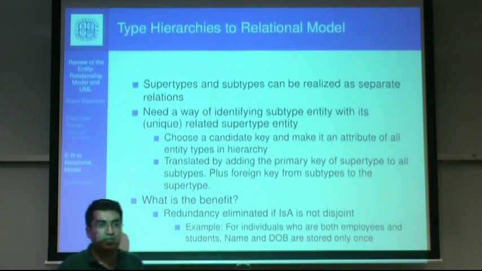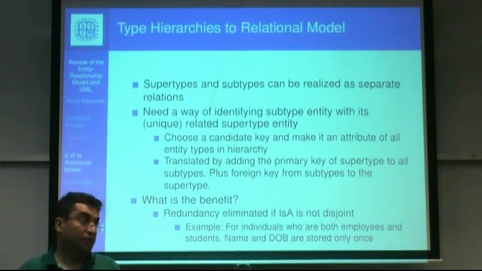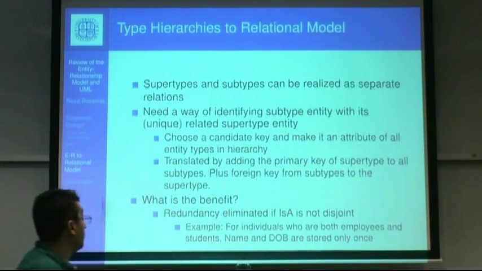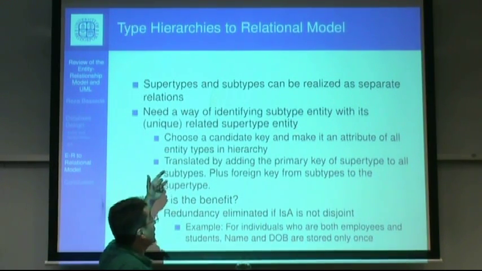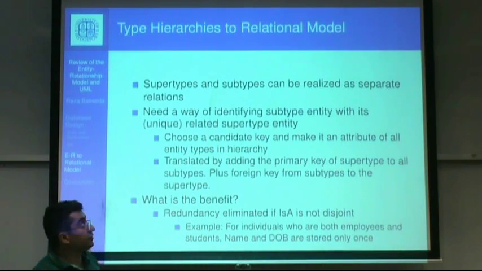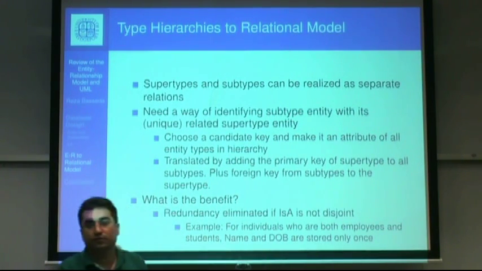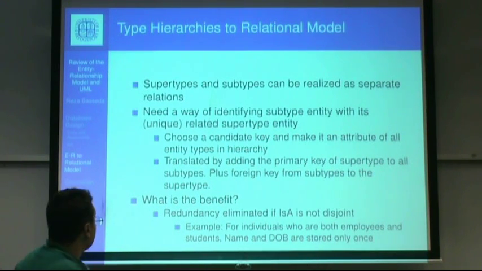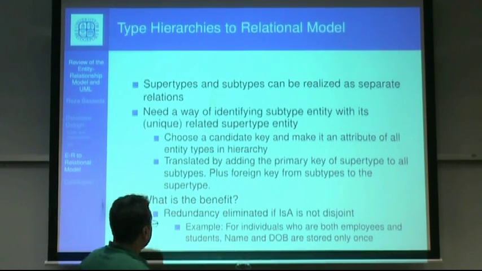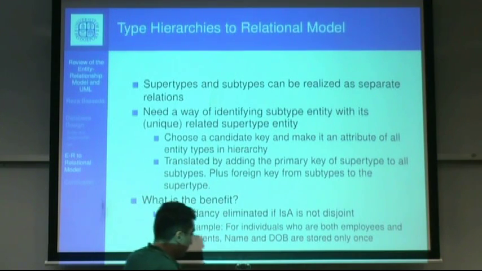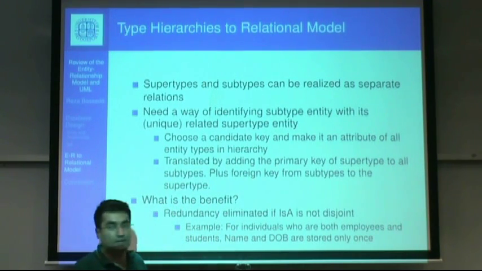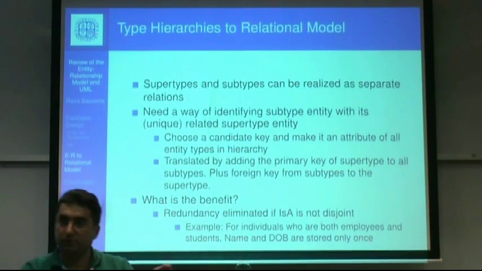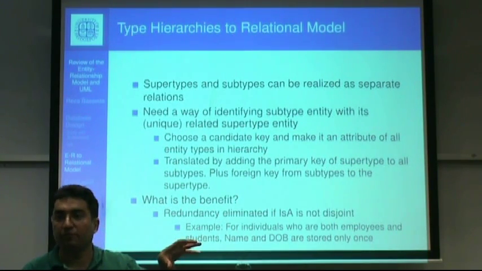Okay, now representing is-a relationship. How do you represent it? The best way is that supertypes and subtypes can be realized in different tables. What do we mean by that? For staff we have one relation, for faculty we have one more.